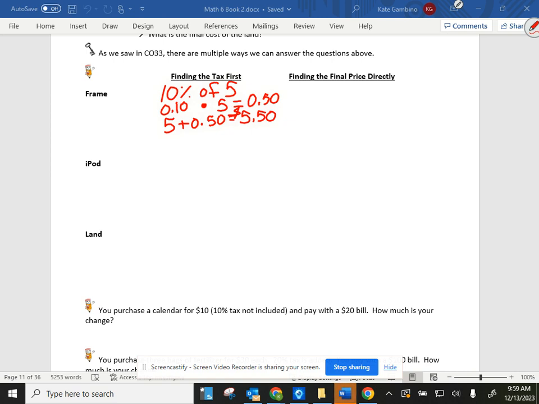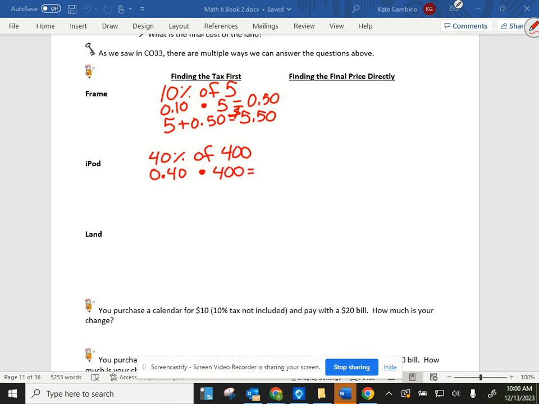For the iPod, it was 40% of the price of $400. So what math am I going to do? Zelda? You're going to make the 40 into 0.40, and then you're going to multiply it by the 400.